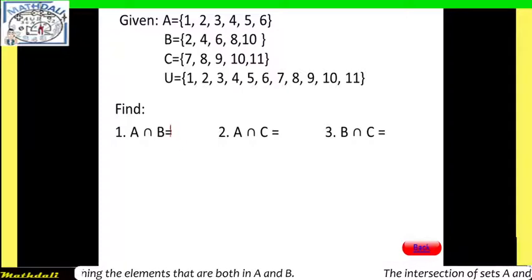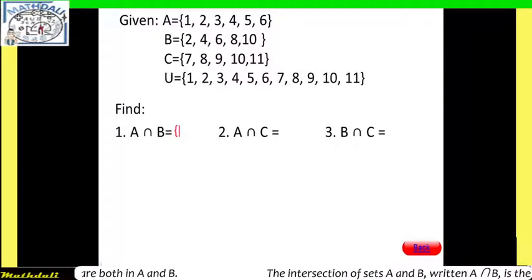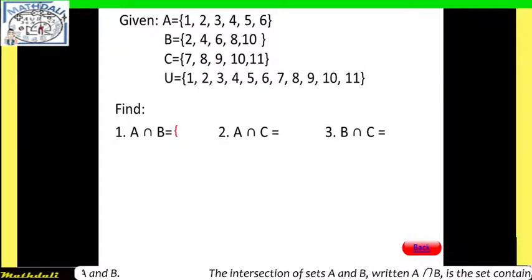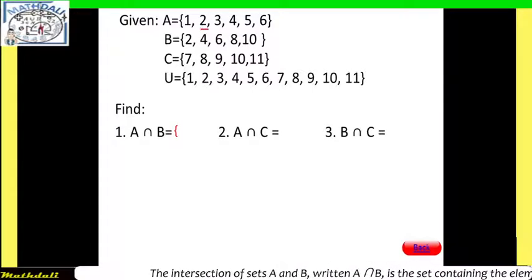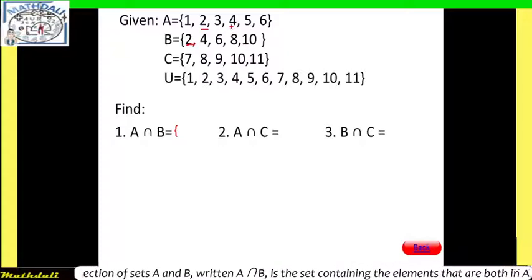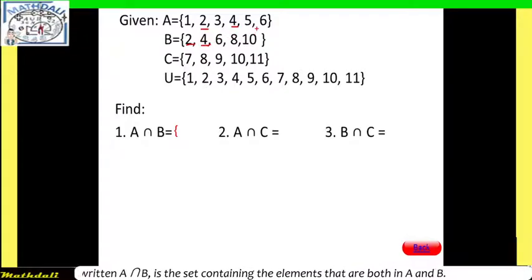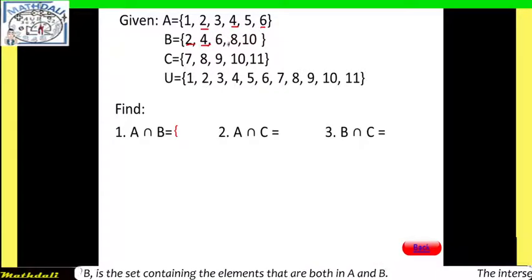Okay, so we have the common elements in set A and set B. We have 2. We also have 4. Then we also have 6.